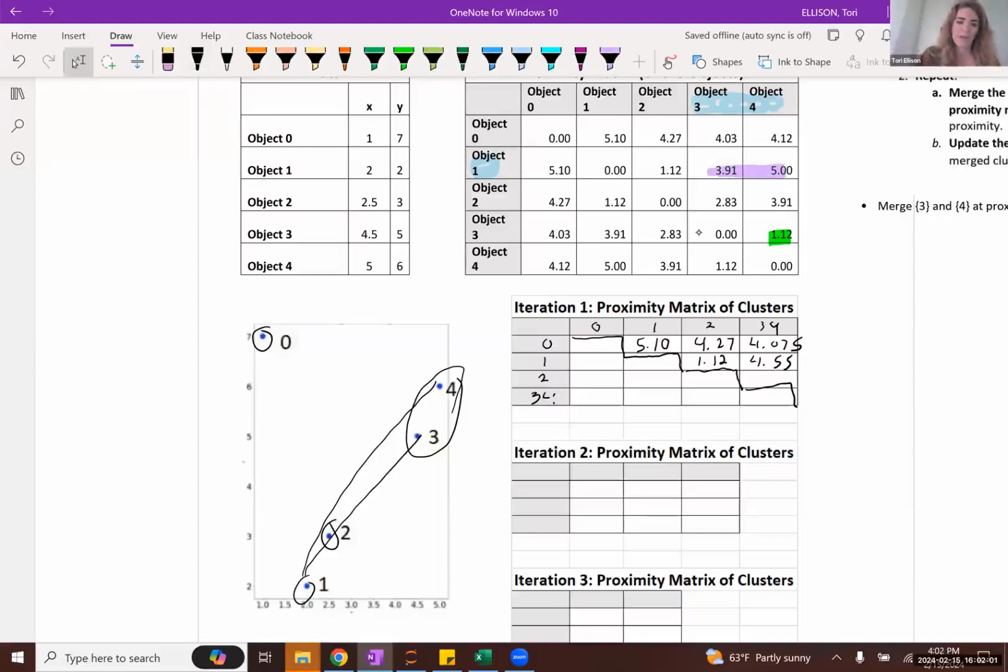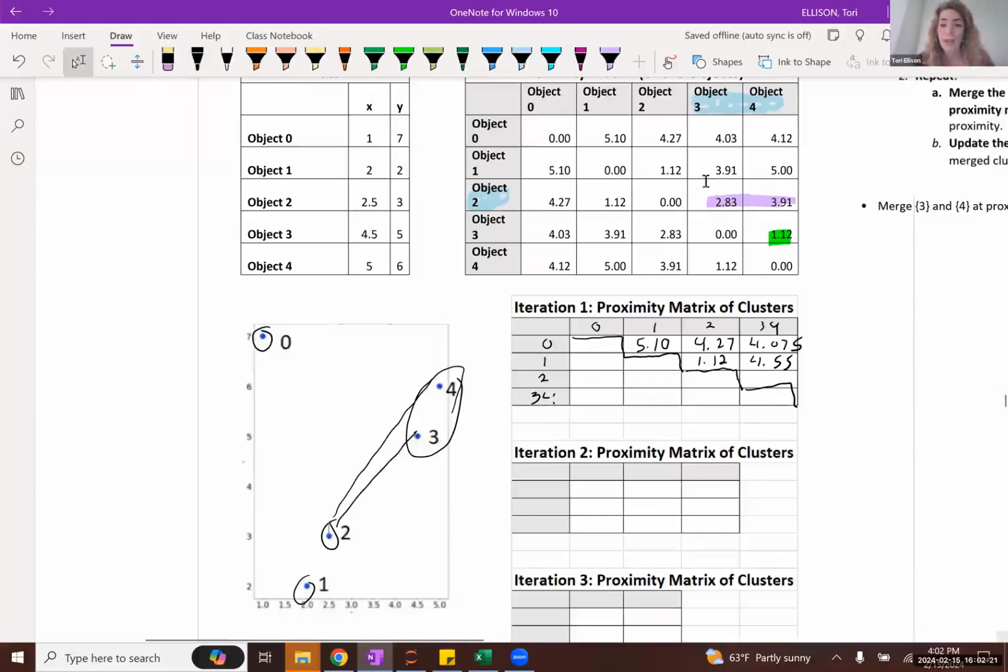Okay, and finally, we would want to calculate the distance between cluster 2 and cluster 3, 4. And so that would be the average distance of all pairs of points between the two clusters.